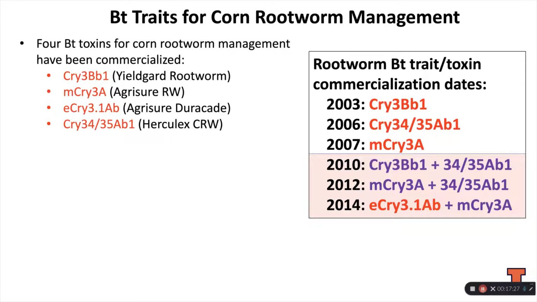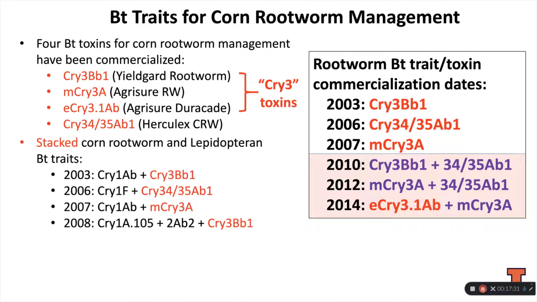Shortly after each product came out, it was quickly stacked with BT traits that could protect corn from lepidopteran or caterpillar pests. These are called stacked hybrids. Among the original rootworm traits, we can classify these into 2 groups. The first 3 on the list are called Cry3 toxins.